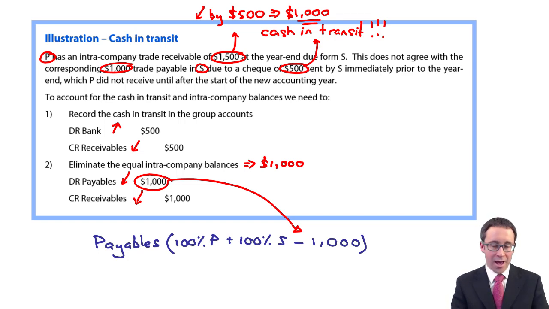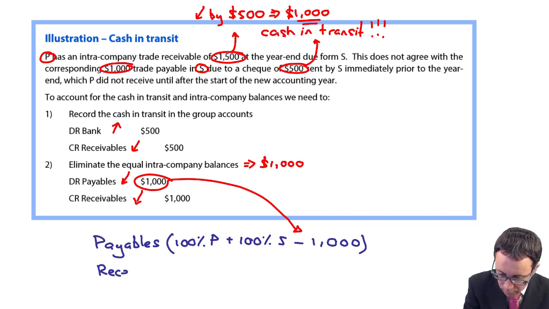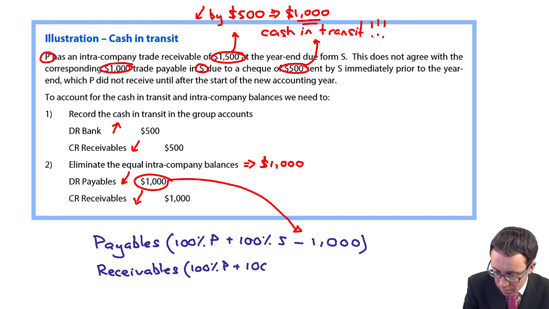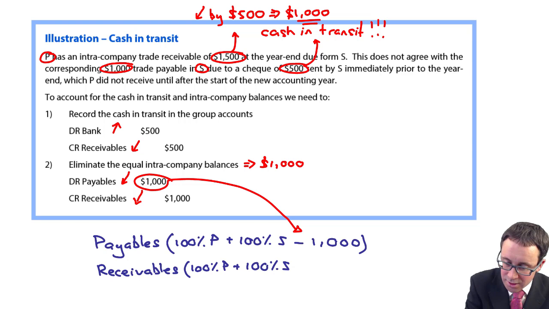Okay. Likewise with the receivables, you've got to be a little bit more careful there, haven't we? You've still got 100% of P, 100% of S. Here, for the cash in transit, you would need to credit it with 500.